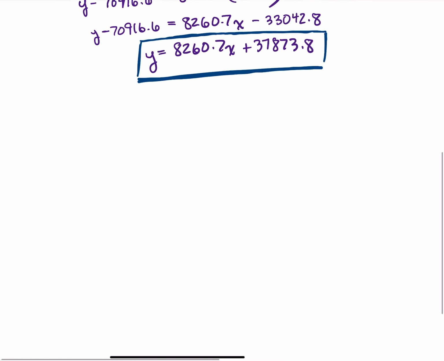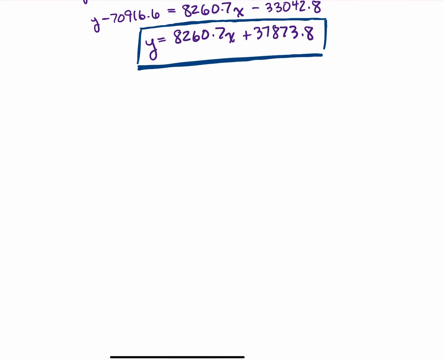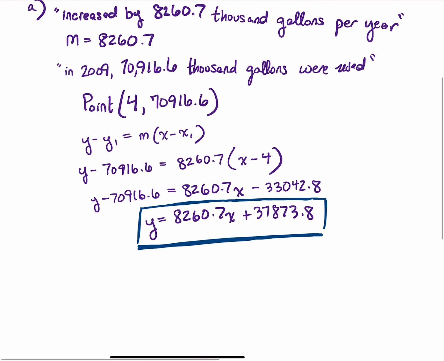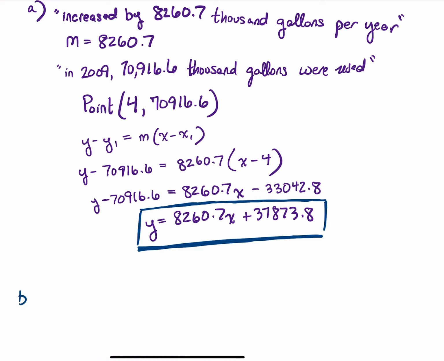Let's keep our equation here because we'll need it. So in 2005, well, we said x was years after 2005. So that means x equals 0. This will actually be our y-intercept.